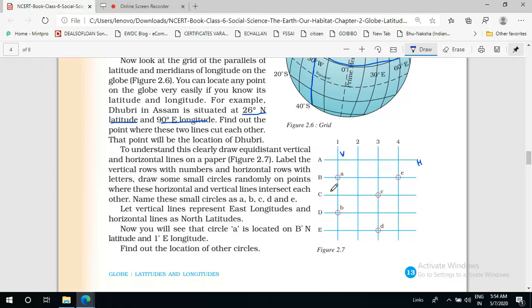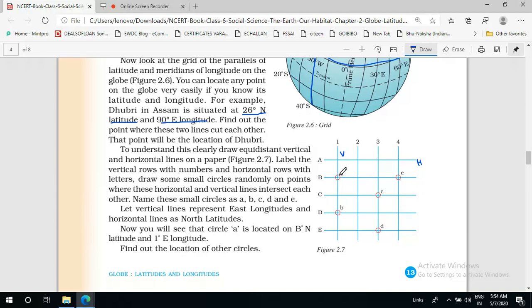Now we have drawn the lines. Now what are we supposed to do? At any place, randomly, where these two lines are meeting each other, are crossing each other, we put a small circle.